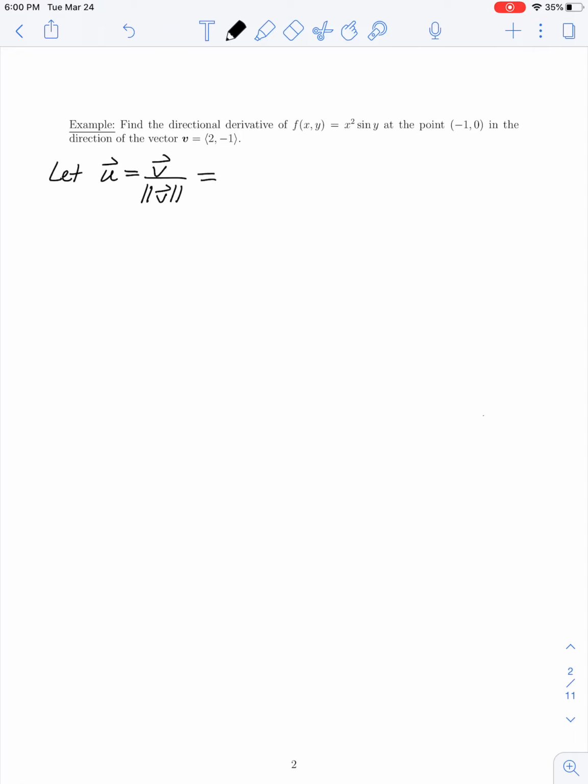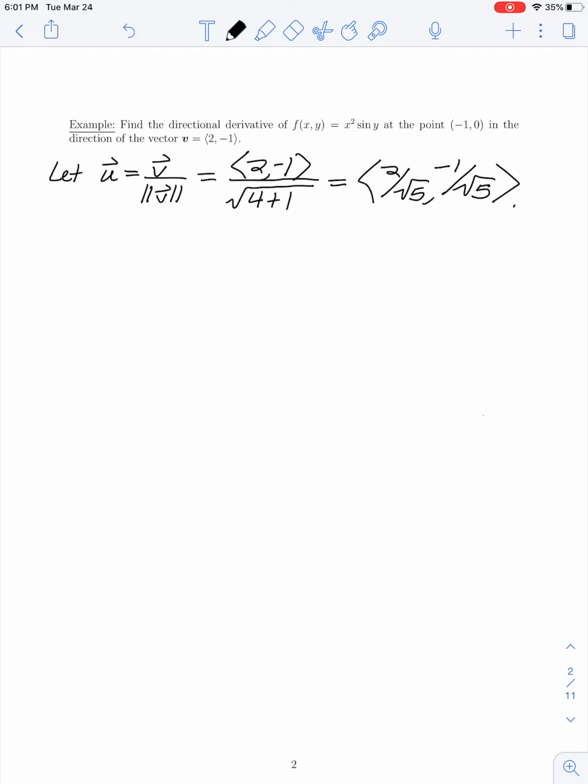And recall, to do that, we could take our vector v and divide through by its magnitude. So here our vector v was 2, -1, and its magnitude is the square root of 4 plus 1. So the first component of our unit vector is going to be 2 over the square root of 5, and our second component would be -1 over the square root of 5.